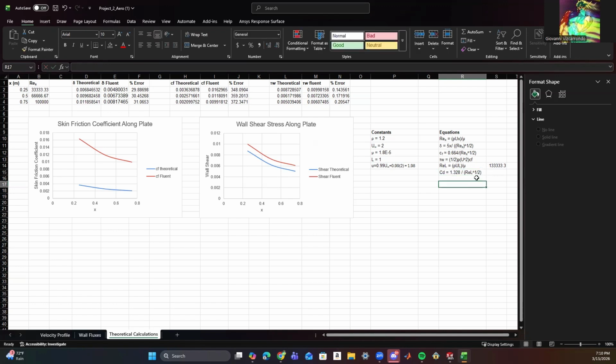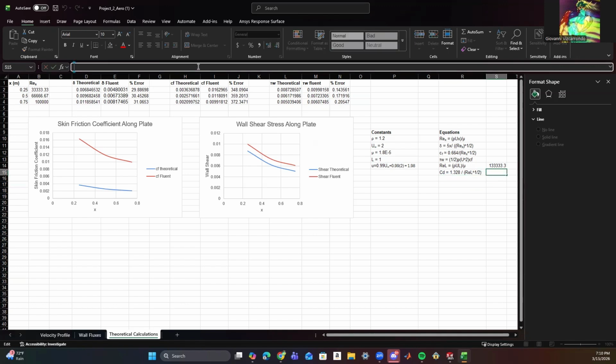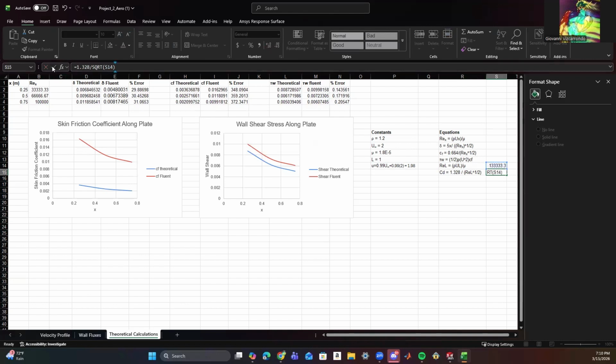I'm just going to write that there because I'm not sure how to do that. We're going to get that CD is equal to 1.328 divided by the square root of this, which is equal to 0.0367.